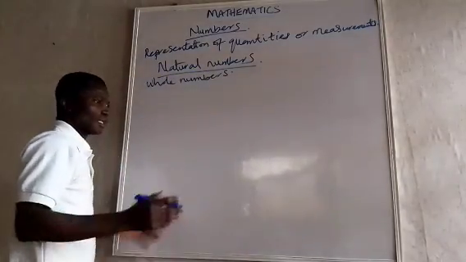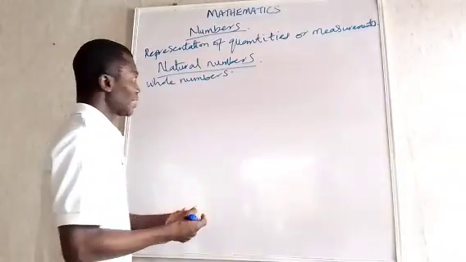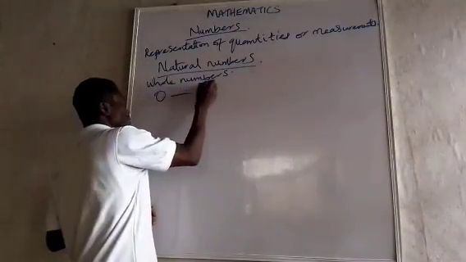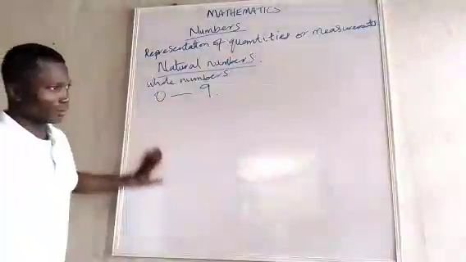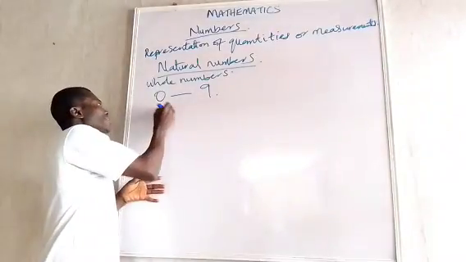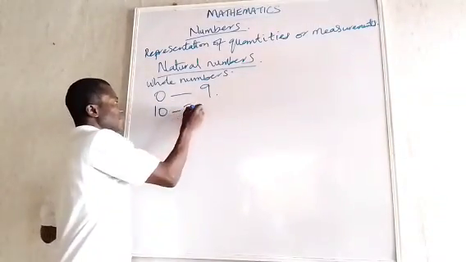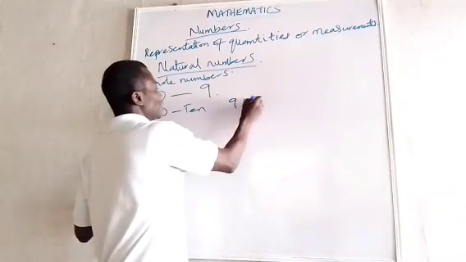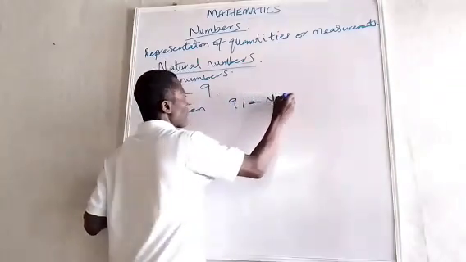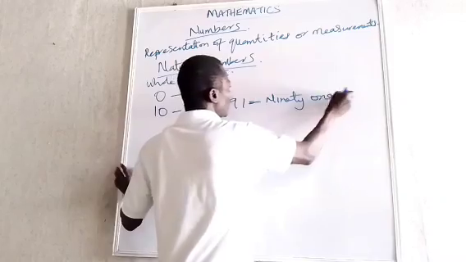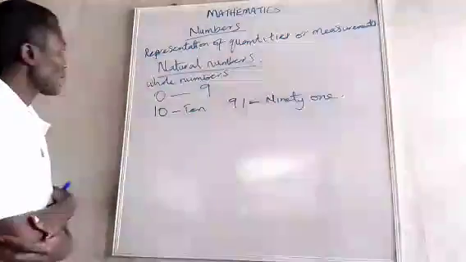It is a mixture or arrangement that involves 0 to 9. So, in this instance, you can have 1 and 0, which is 10. You can have 9 and 1, which is 91, etc.